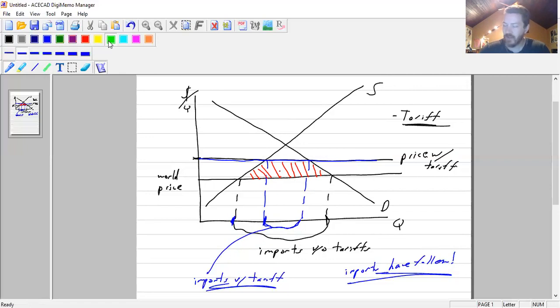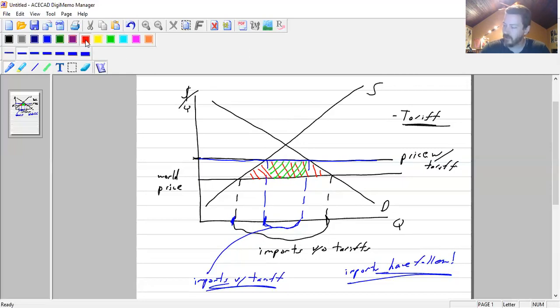And the tariff revenue can be thought of as this box here. This box is the amount of the tariff, the distance between these two prices, times the quantity of imports. So this box, even though it's kind of a loss in consumer surplus, is now going to the government, and this can be used to fund parks or roads or bridges or whatever. So this still has benefits.